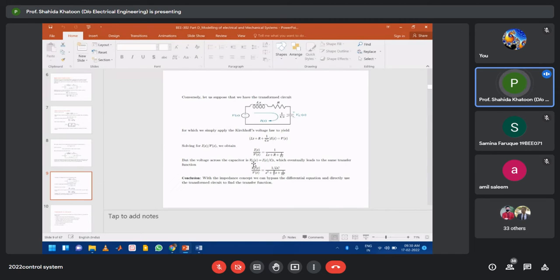But the voltage across the capacitor VC(s) is I(s) upon Cs, which eventually leads to the same transfer function. If we want to find the ratio between VC(s) upon Vs, we get the same transfer function.